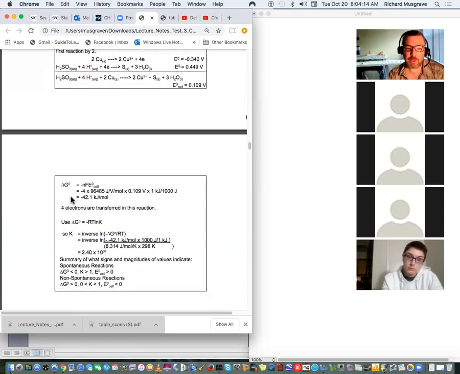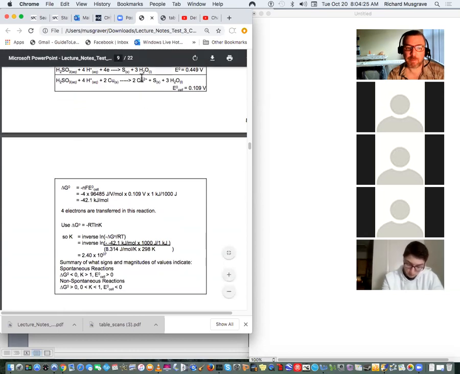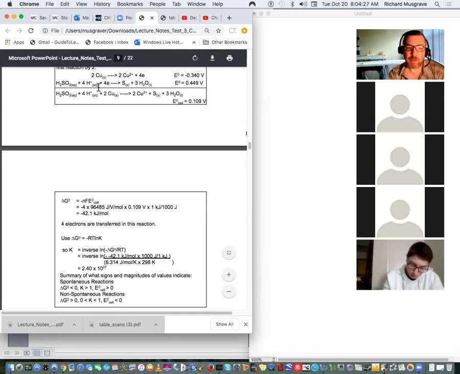Using the equation I showed you last time, we have the delta G naught value, which can be found by using negative n F E naught cell. Now, n is the number of electrons transferred once we've balanced, and that value comes out to be 4. So we have 4 electrons being given by the top reaction, 4 electrons being accepted. So 4 is what we get down here. So it's negative, because we're negative out in the front here.